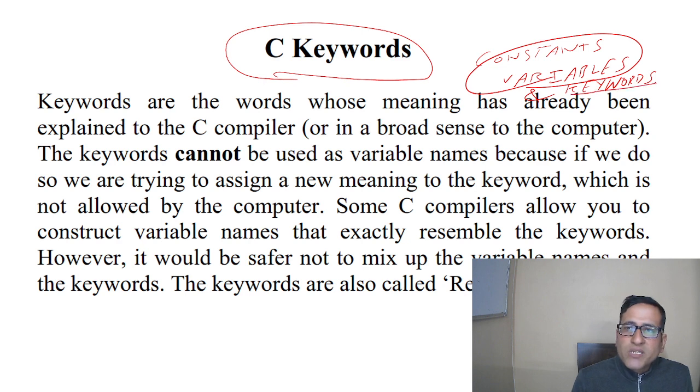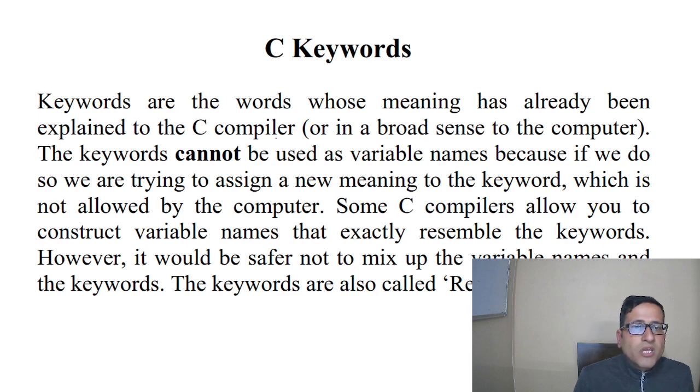So now we will discuss the keywords. Keywords are the words whose meaning has already been explained to the C compiler. Means these are the reserved words in the compiler. We can't use these words as variables.